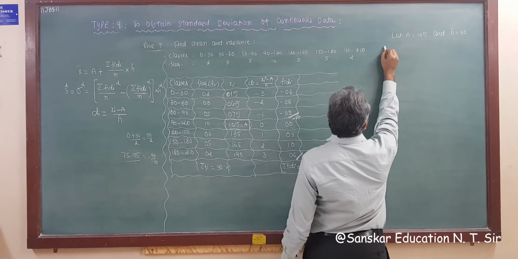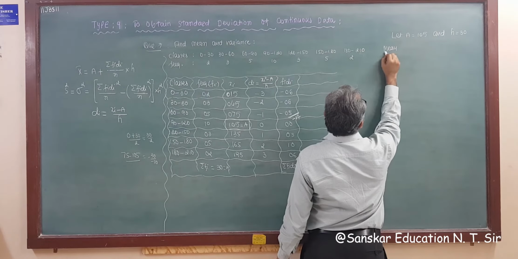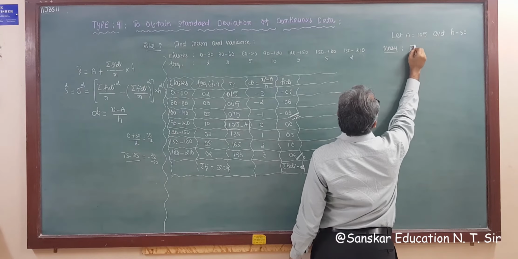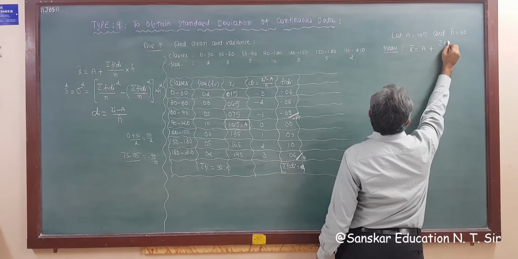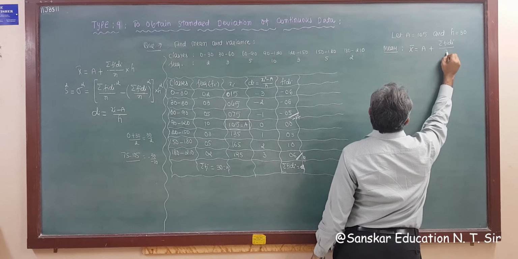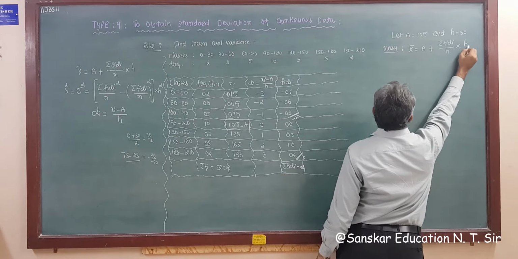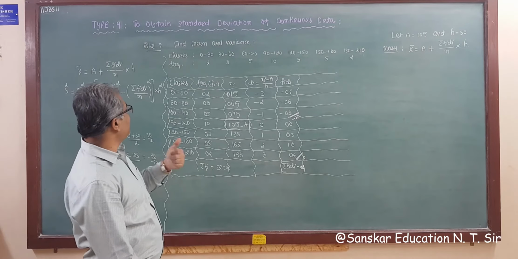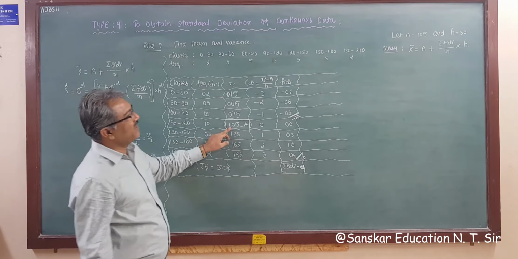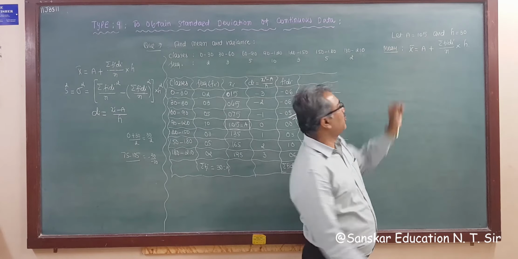So now the mean x bar is equal to a plus sigma fi di upon n into class length h. Now what is your assumed mean a? Assumed mean a is 105.